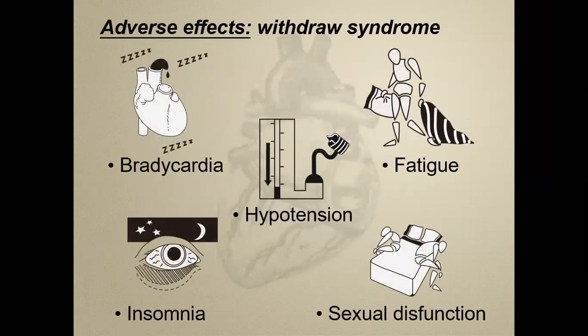What about adverse effects? All beta-blockers lead to bradycardia as a result of blockade of beta-1 in the heart. There will be hypotension. I think you remember that these drugs block beta-1 in the juxtaglomerular apparatus in the kidneys and as a result inhibit secretion of renin, and as a result there will be inhibition of the renin-angiotensin-aldosterone system.